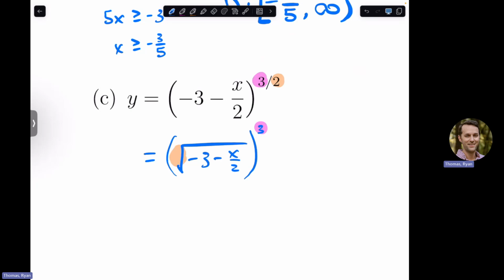The cube. Well, when you cube things, does that add stuff to the domain conversation? Not really. I mean, x cubed is a polynomial. Polynomials are nice. They're defined everywhere. They're easy to work with. The part here that we need to be paying attention to then is the square root. The square root's the thing that really affects what we're going to do here.